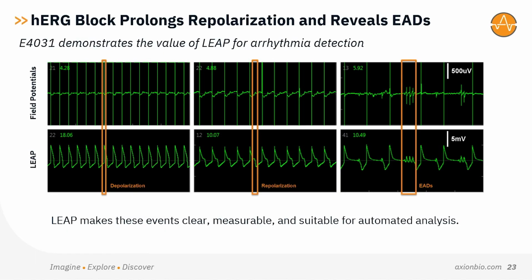This means that depolarization, repolarization, and EAD features are clearer in the LEAP waveform, making them easier to identify, measure, and support with automated analysis. That is an important benefit for screening and repeatable analysis. LEAP helps turn complex waveform behavior into more accessible, quantifiable endpoints.